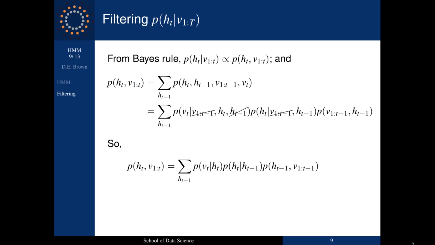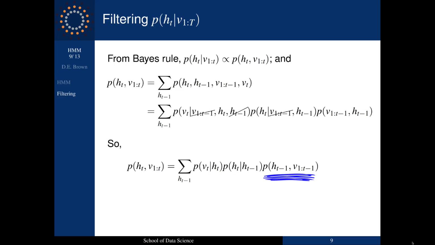So when we remove all those states that don't play a role in this equation, we're left with this equation, where, again, we're summing over all the values for the hidden unit at time t minus 1. And we're doing that by multiplying, starting with the probability of the visible unit at time t given the hidden unit at time t, times the probability of the state of the hidden unit at time t given the hidden unit at time t minus 1.